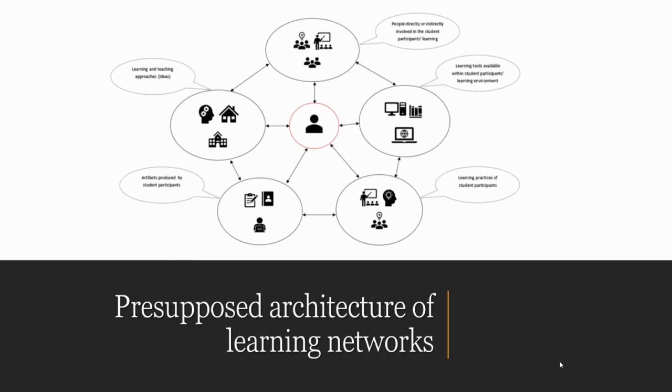So then I was reflecting, and in my response to the examiners, I did agree that yes, I presupposed, that means I did in advance imagine certain elements of learning networks.